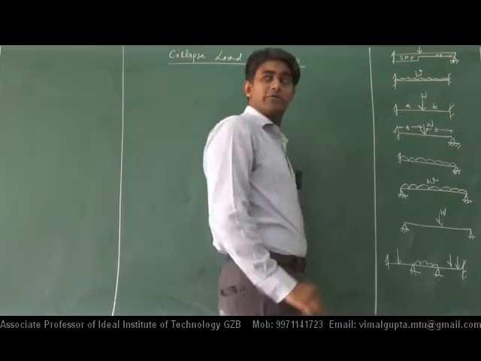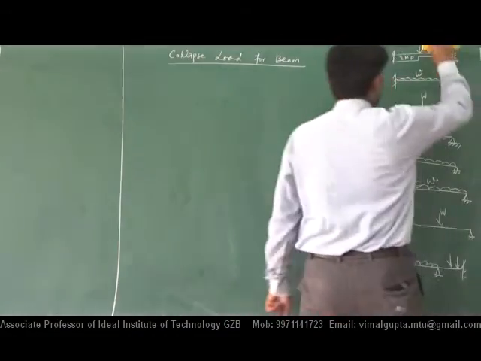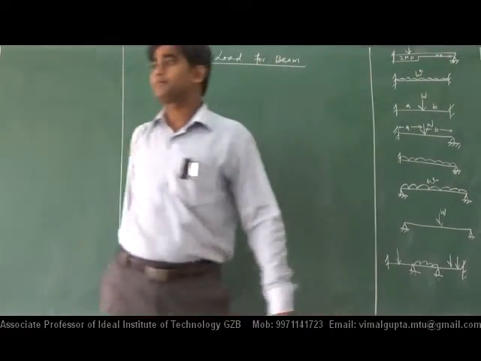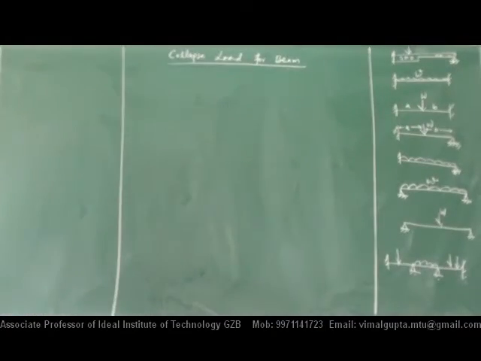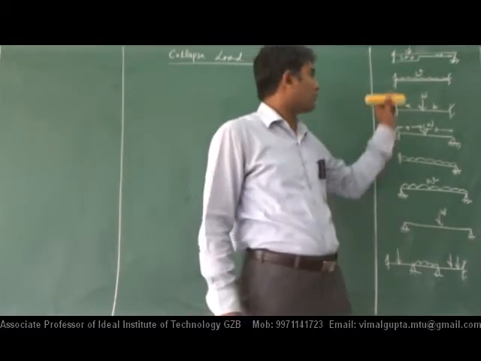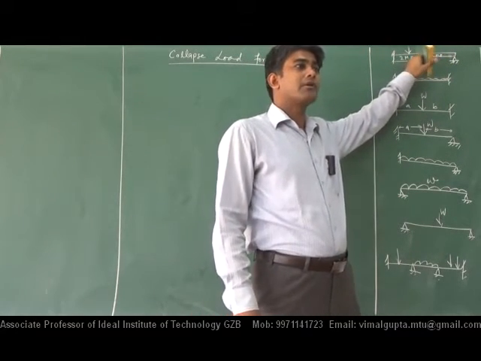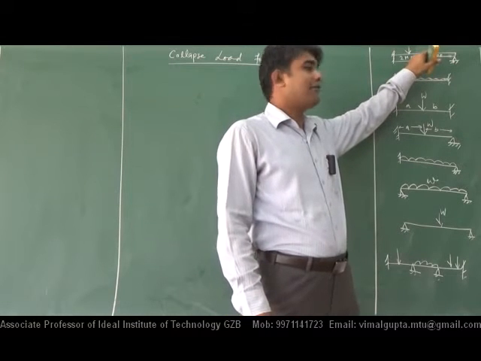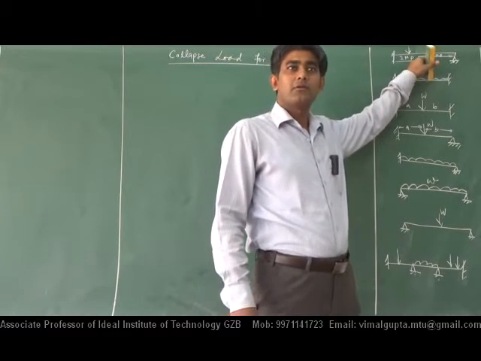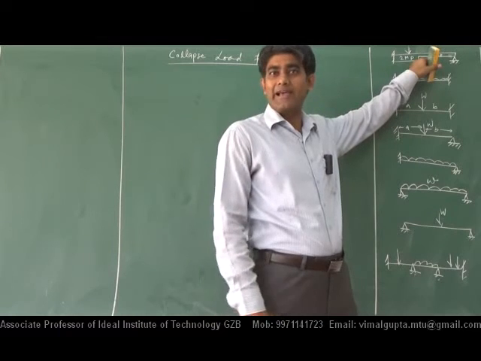Say at this point here point load is there. One thing I would like to tell you before starting this calculation: if there is a change of cross section in the segment of beam, then what does it mean?